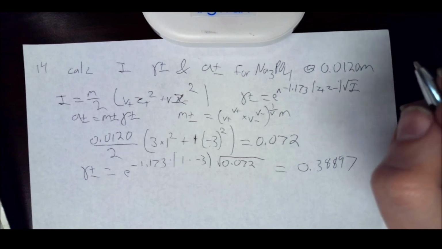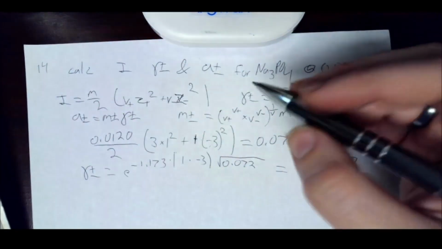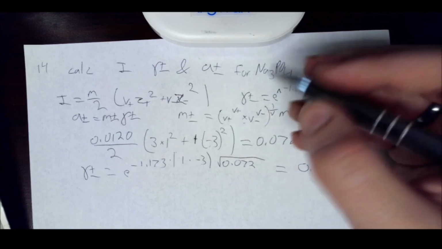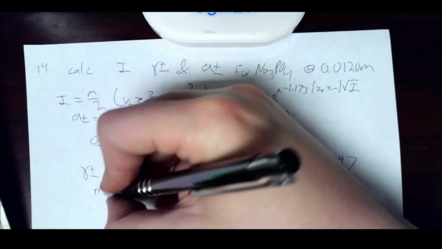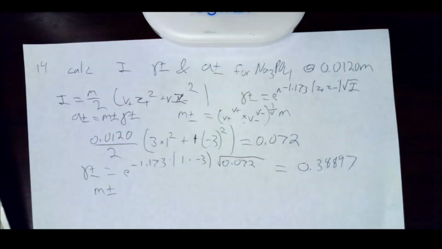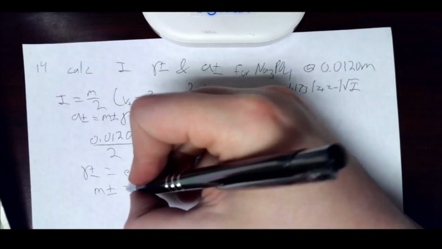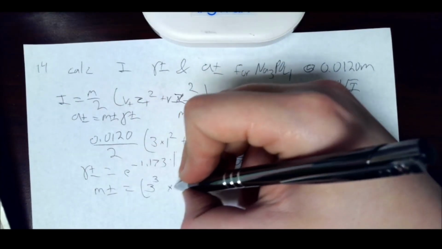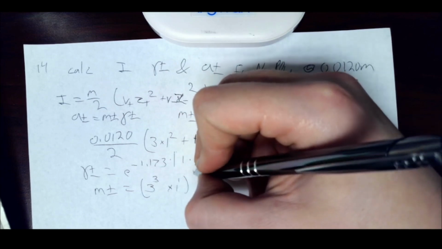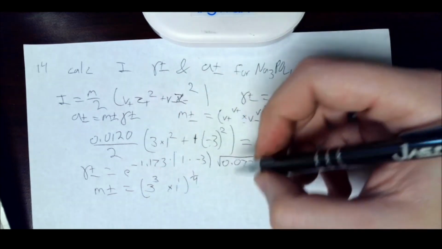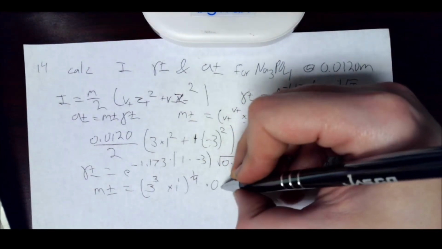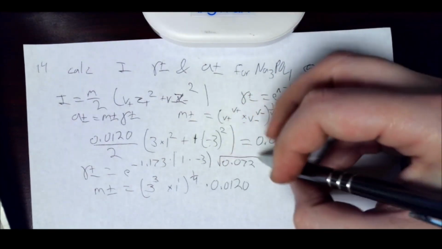But now to calculate our activity, we need the average molality for ionic molality, which requires us to take into account our coefficients. So m plus or minus becomes 3 cubed times 1 to the first all over 1/4 times our molality, which is, as I said, 0.012.